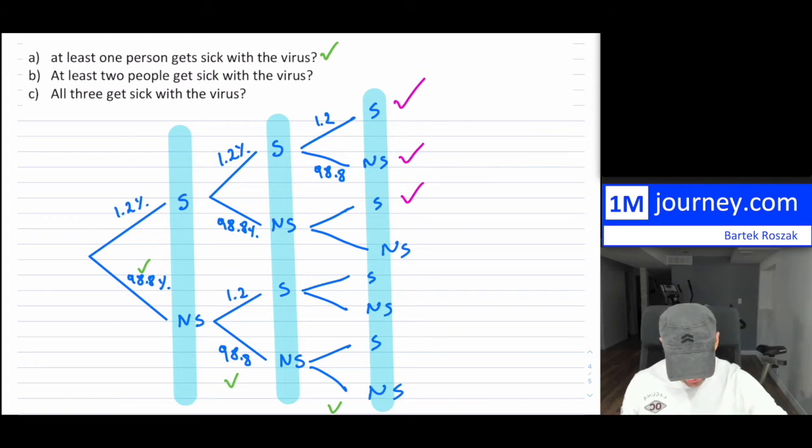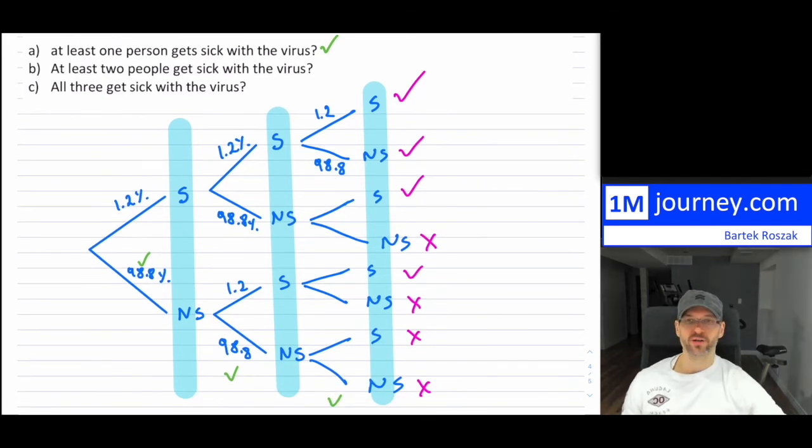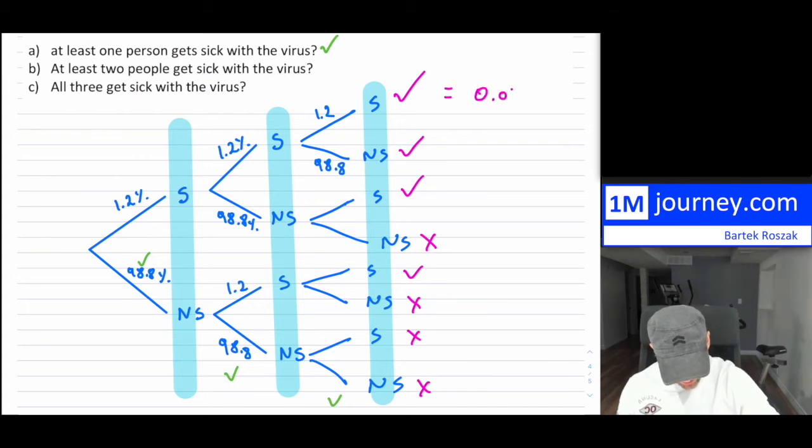This one will not count, because there only 1 person out of the 3 got sick. Here, this one will count. This one will not count, this one will not count, and this one will not count. So basically, it's one of those 4. So we have to know what those probabilities are, right? So here, our probability is 0.012, cubed.